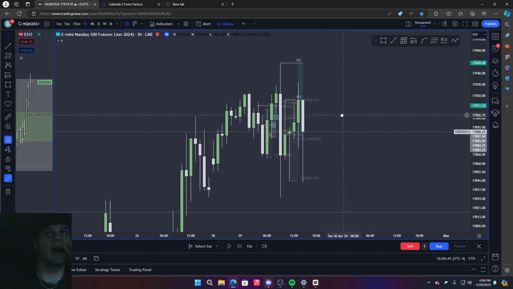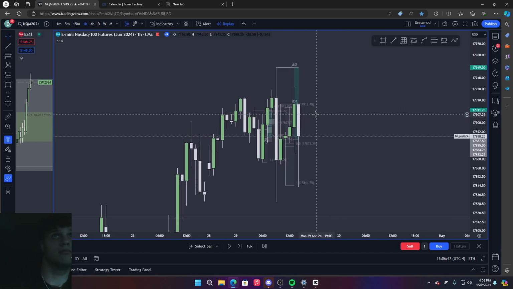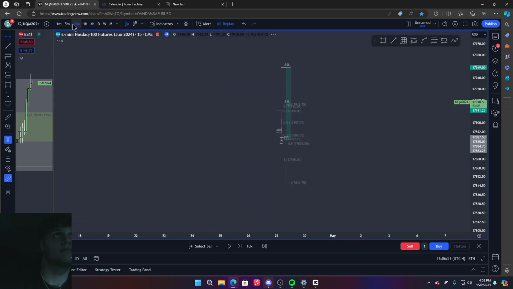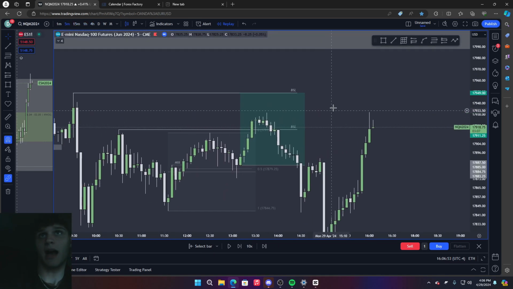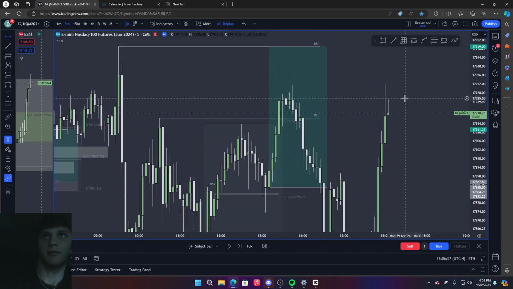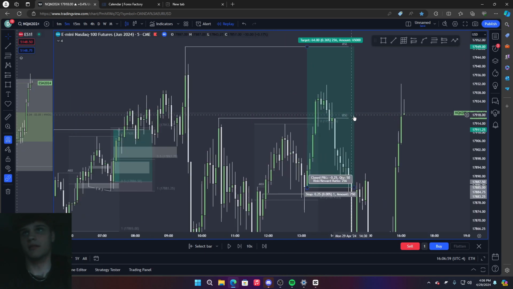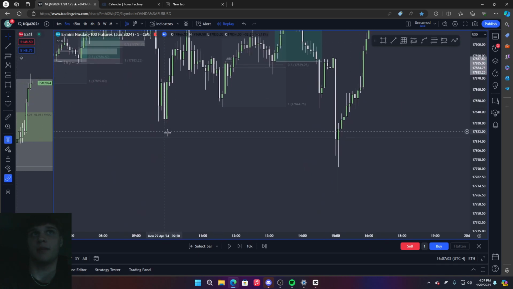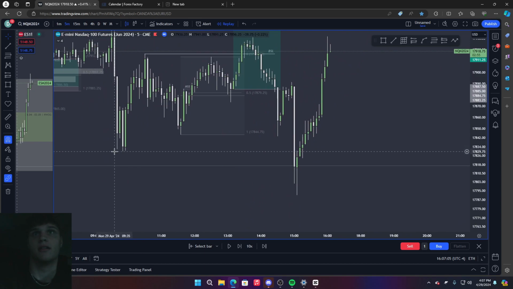Yeah, I'm not really going into that depth, but I probably would have held it until up here and set my stop break even. Maybe took half off right here, but that's me. And as you see, it came down, swept this liquidity, failed to displace through.